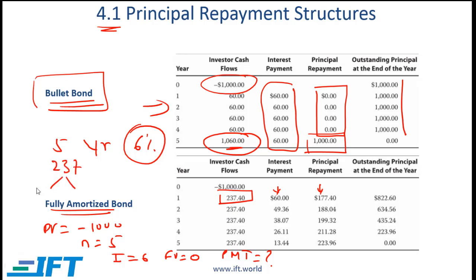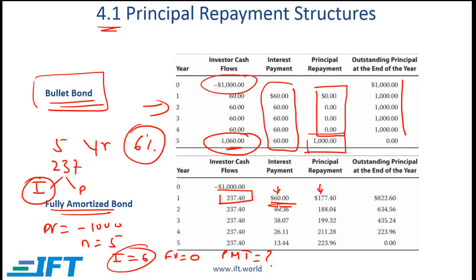includes an interest component and a principal repayment component. The interest component every period is equal to 6% multiplied by the outstanding principal at the start of the period. At the start of period 1, the principal amount is 1000. 6% of 1000 is 60.